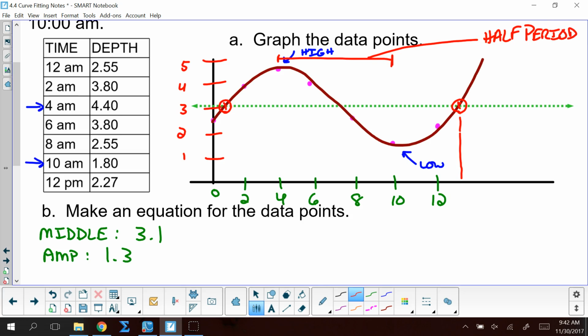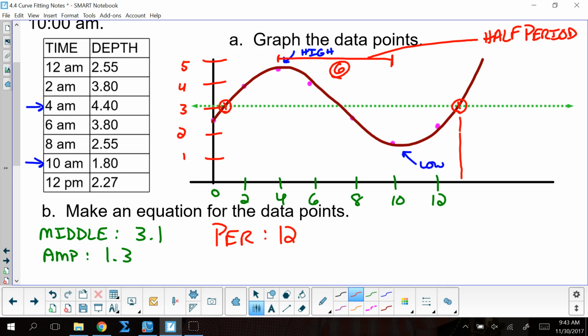In sine and cosine, from the high to the low is half of a period. Okay? So what is that horizontal distance? 6 hours, right? So what is my period then? So my period is 12 hours.